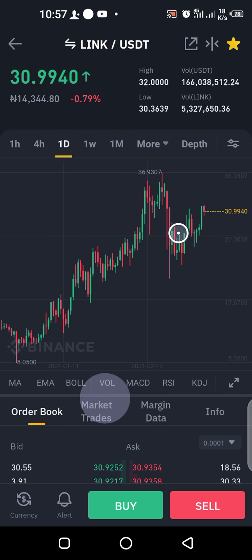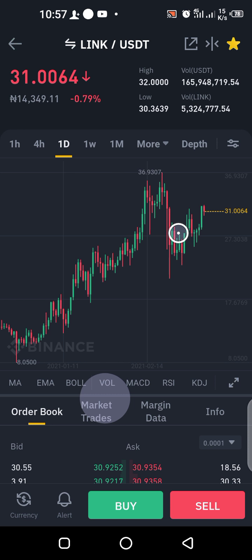Now, depending on the kind of trader you are, whether you are a scalper, a swing trader, a day trader, or a position trader, that would determine how long you stay in the market. For example, I'm a mixture of day and position trader.